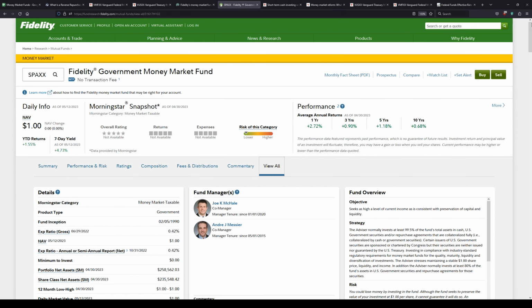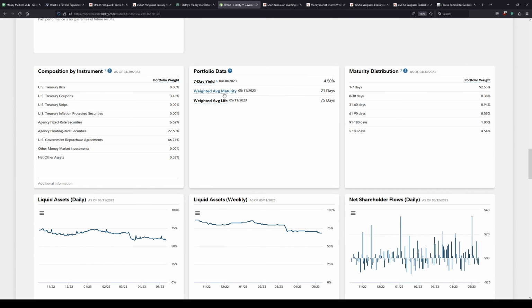For example, if we look at Fidelity's Government Money Market Fund, they have a weighted average maturity of 21 days and a weighted average life of 75 days. So that's a jump from 50 days to 75 days of weighted average life.